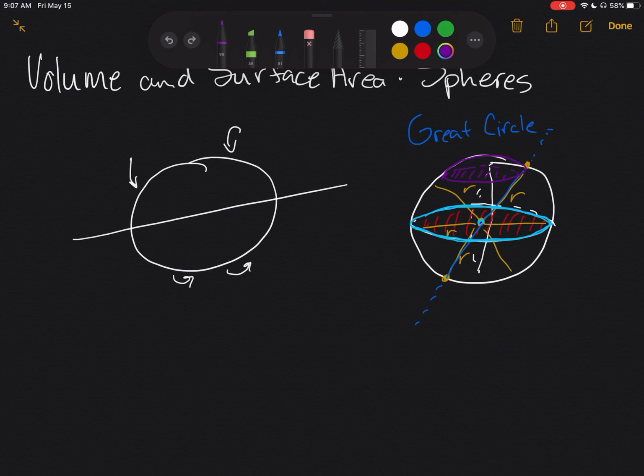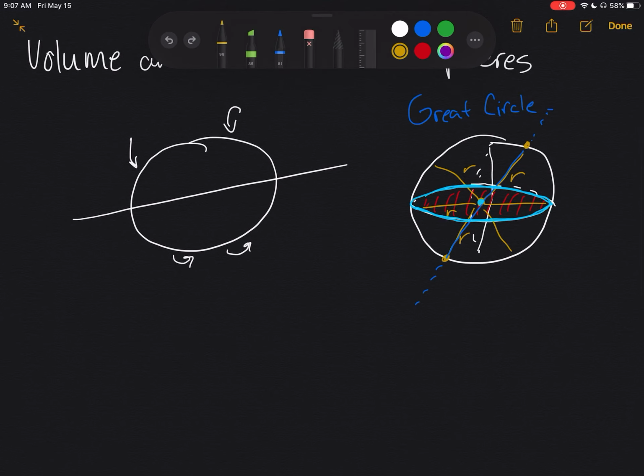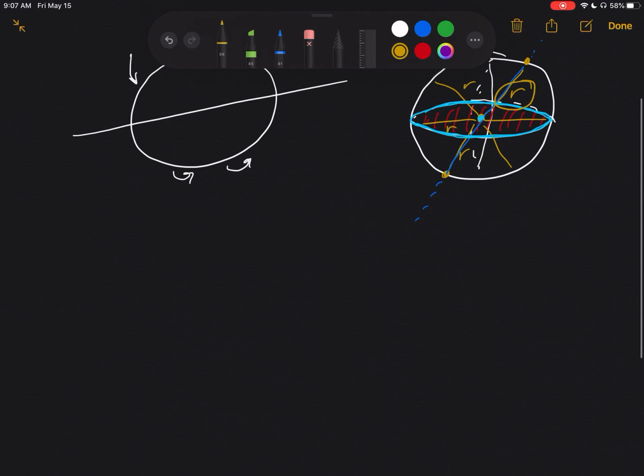And for what we want to do, we really want to focus on great circles because they allow us to find the volume and surface area of a sphere. So the only thing that we need to find the volume of a sphere is actually the radius, okay? And to find the volume of a sphere, our formula is 4/3 pi r cubed.